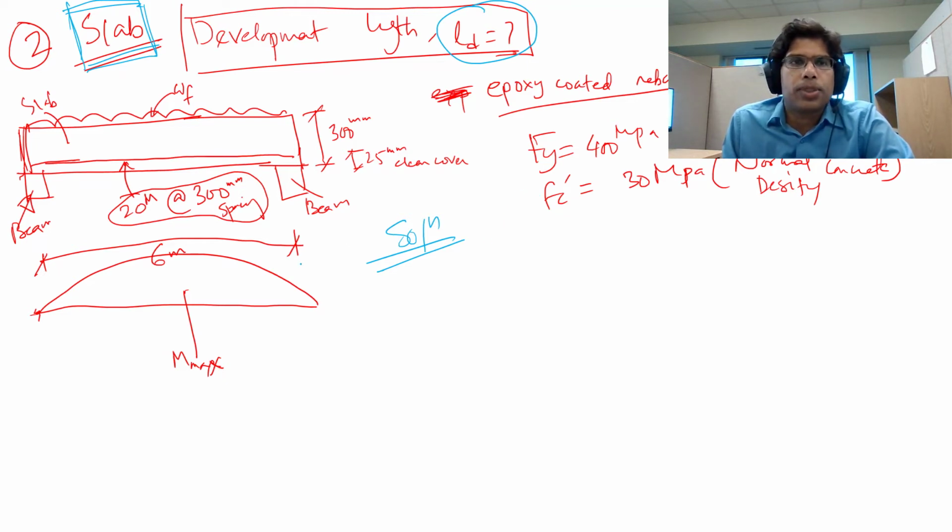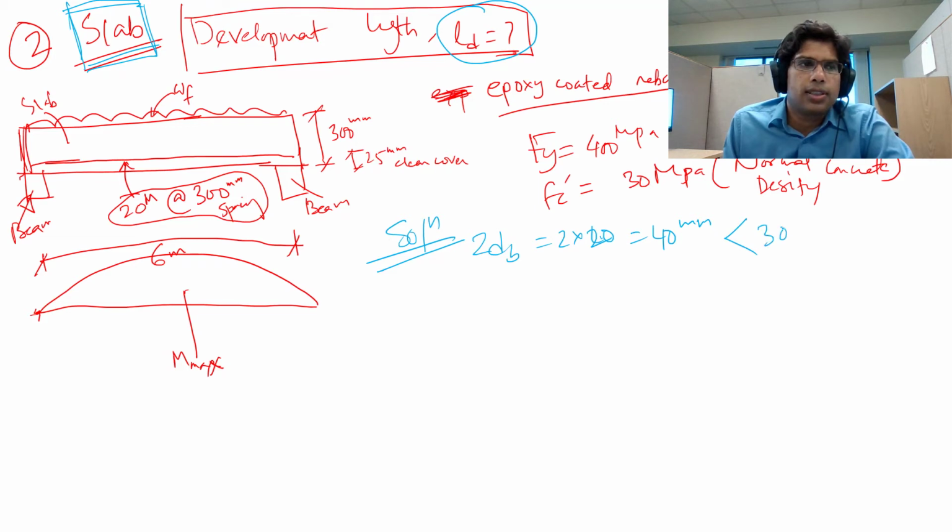When you solve the problem, please always use the actual diameter. But for this problem, I'm solving it for the number. So the bar diameter, we are assuming that 2 multiplied by the diameter of the bar is 2 multiply 20. So 40 millimeter, which is less than 300 millimeters.